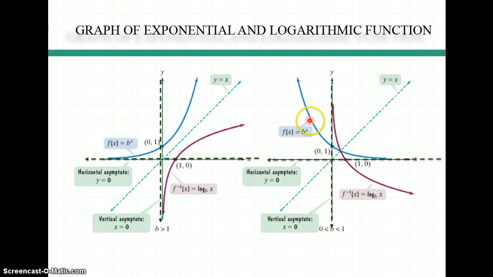These exponential function and logarithmic function are inverse function to each other. The horizontal asymptote for exponential function y equal to 0, the vertical asymptote x equal to 0 for logarithmic function.